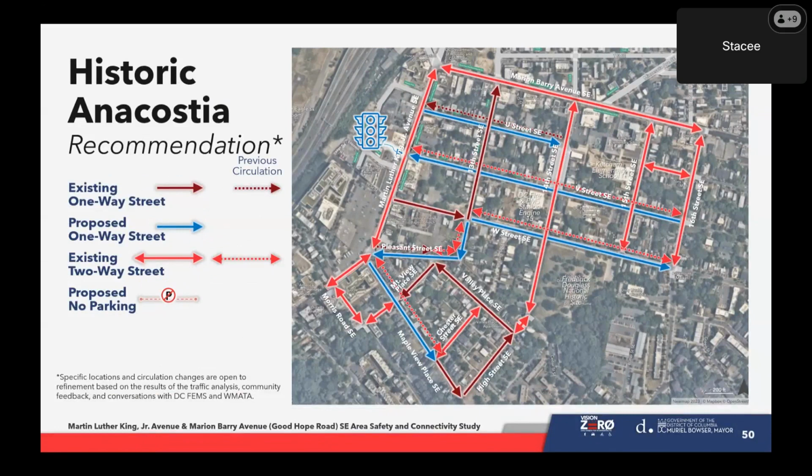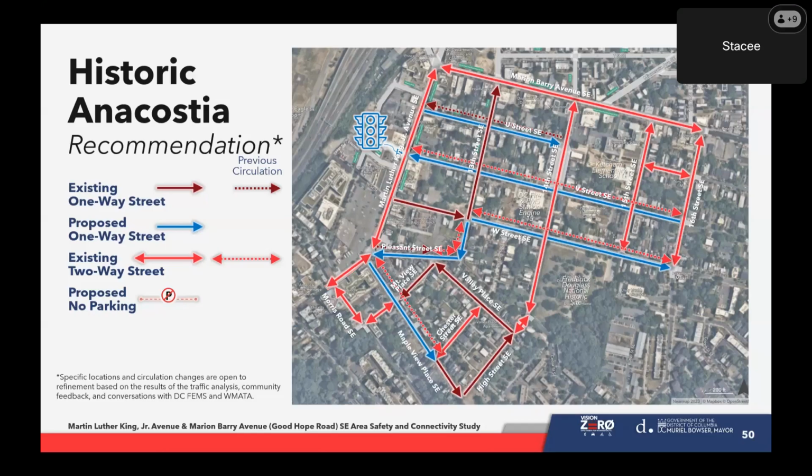So if we can't make a left turn on U Street, we're kind of screwed in this plan. I guess we could take a left on Marion Barry, then take a right on 14th, and then take a right on W, then take a right on MLK, and then take another right onto U Street, or something like that. But it's very convoluted for this little corner of the traffic pattern.